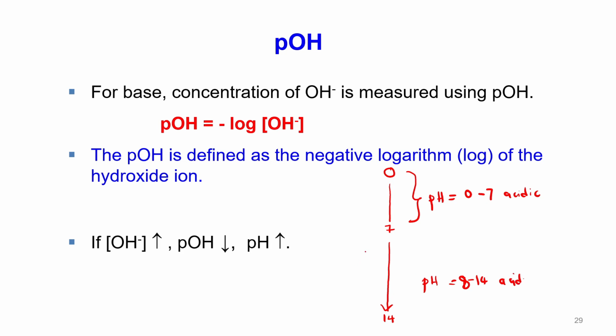Meaning that here the value of pH is low, and then this one is pOH. The value of pOH is high here, and the value of pOH is low there. So the value of pOH dia akan increase ke bawah. Dia terbalik dengan pH.